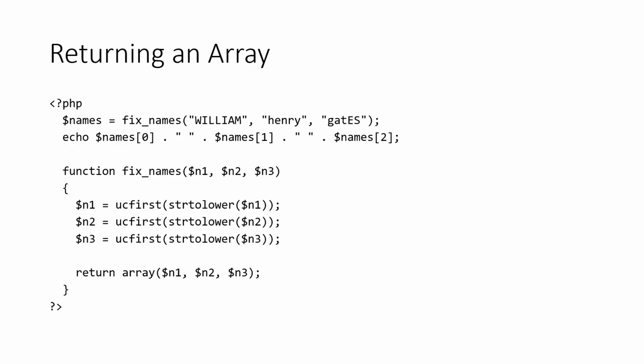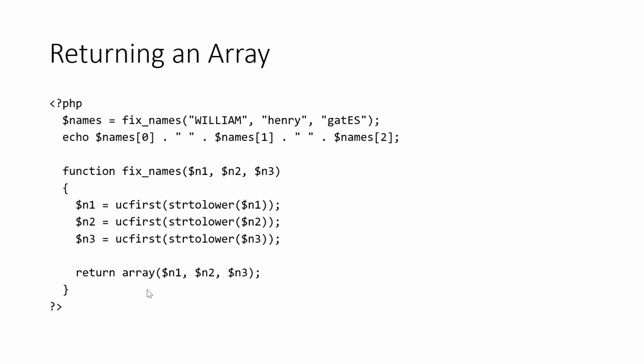Another thing is, how do you return an array? Because in fixing, you can see there are three names in this particular case. Fixing the name William Henry Gates, we have mixed cases here, and we are separately printing these values.